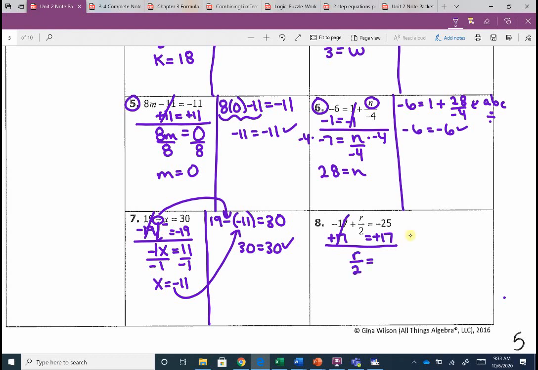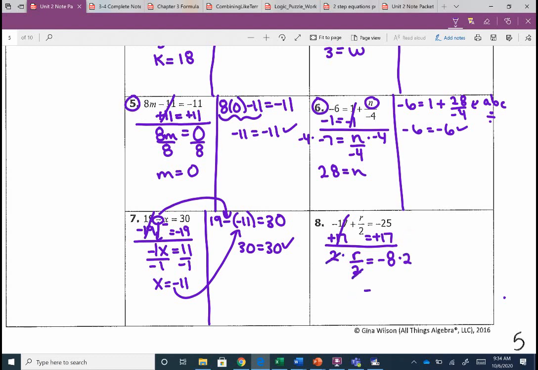That's going to be my result after that first step. If I write down my result, now it makes figuring out the second step a whole lot easier, and I'm going to make a lot less mistakes. It takes a little more effort on our part to write that extra step, but I'm going to make less mistakes that way. To undo dividing by 2, we're going to multiply both sides by 2. And we end up with r equals negative 16.